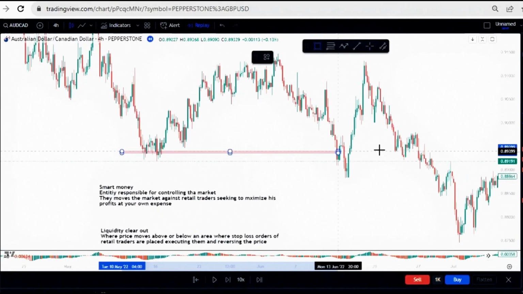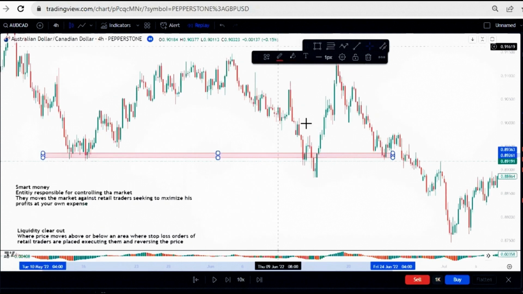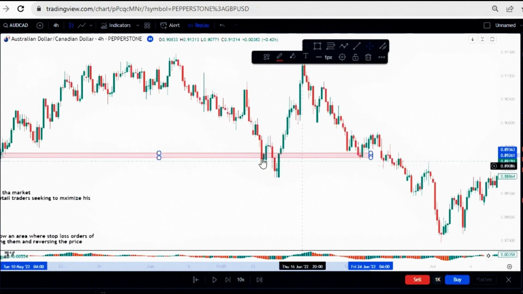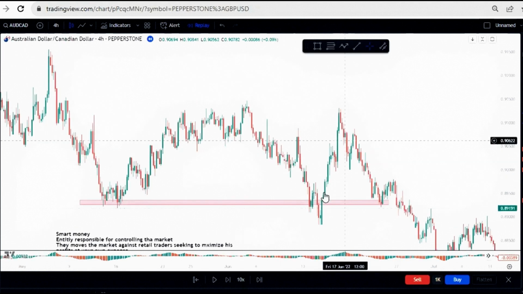In this example, we have stop losses of the retail traders who went long here. The smart money then pushes the price and executes those stop losses of the traders who are buying here. And immediately after they execute those stop losses, they reverse the market.